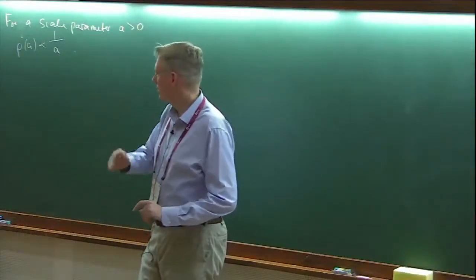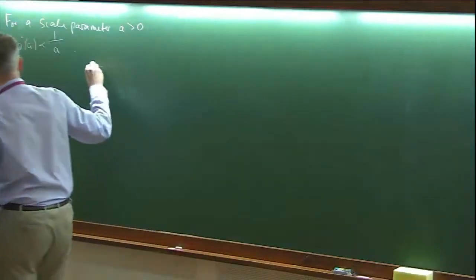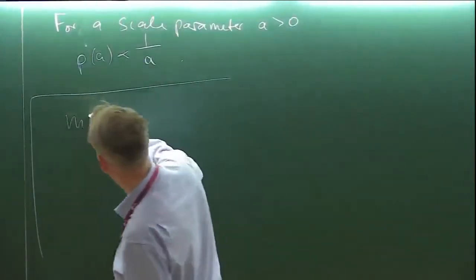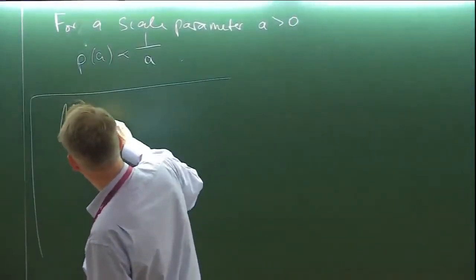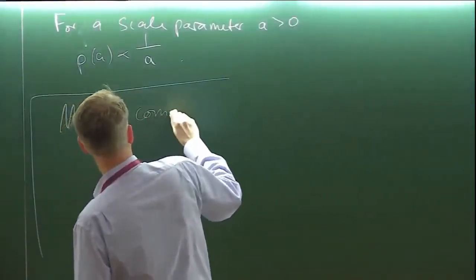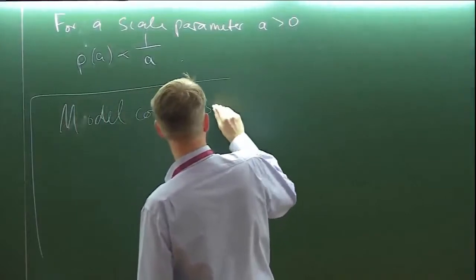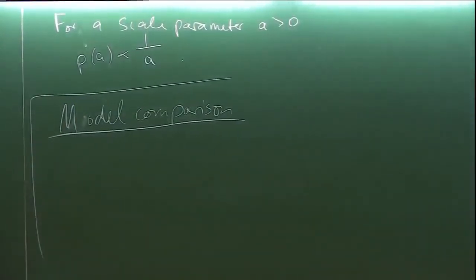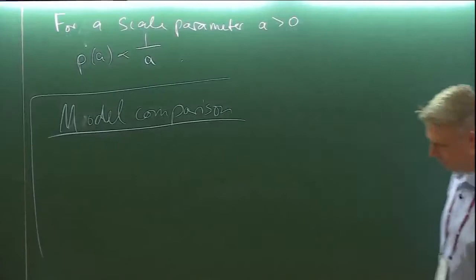So maybe this is a good point to ask about model comparison. So how do I compare different models? There were different questions about that. Model comparison. So how do you decide? Somebody has some model. Okay, you have two.